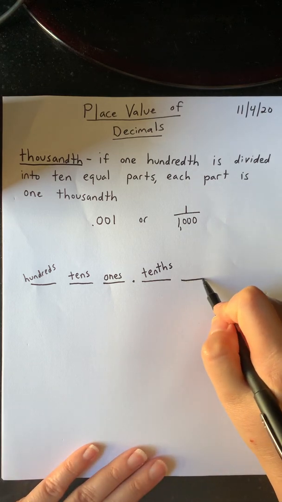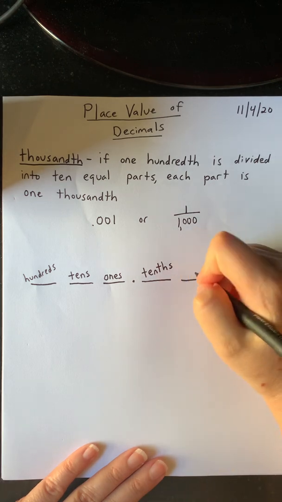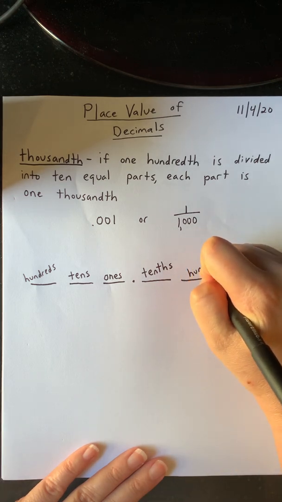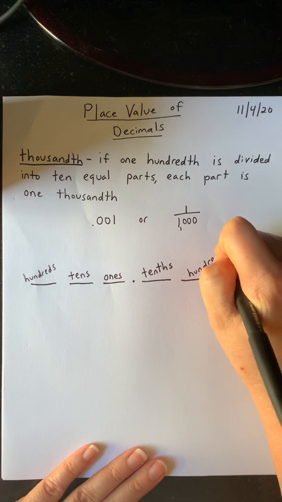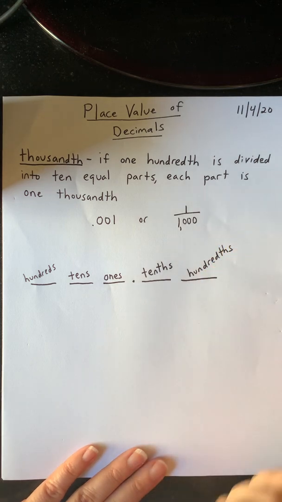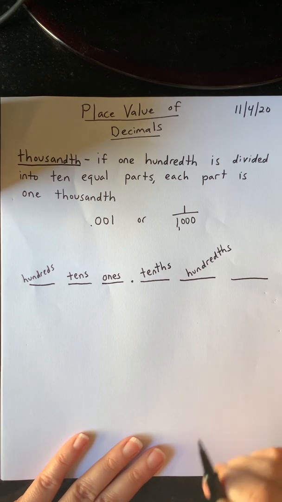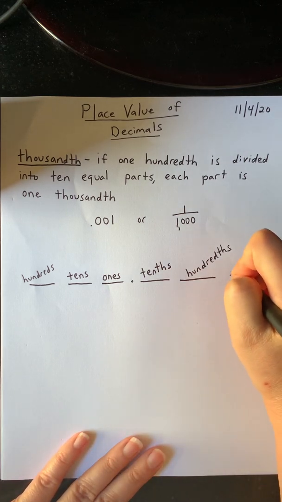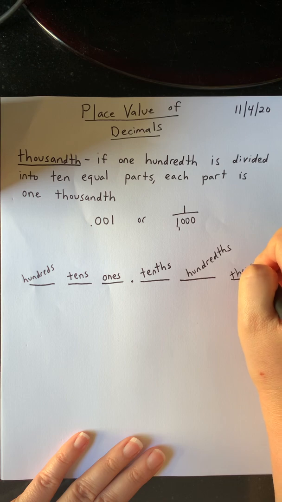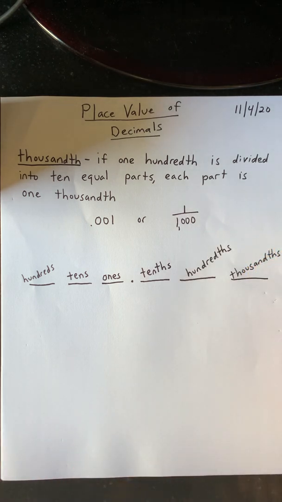After tenths, the next spot is hundredths. Again, it has that THS ending. And then the last spot that we're going to go over in 5th grade is thousandths. Again, with that TH or THS ending.